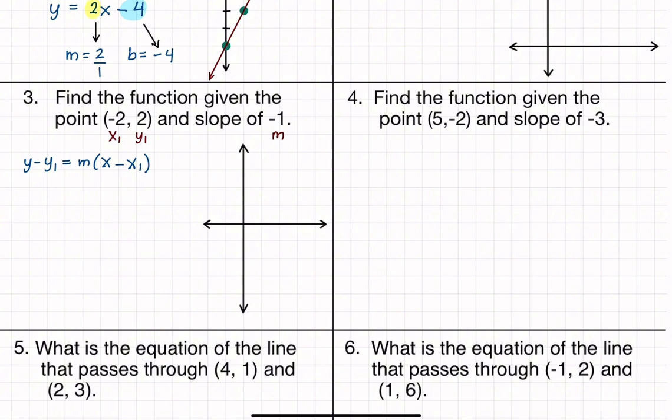So we have y minus our y sub 1 is 2 is equal to our slope is -1 times x minus our x sub 1 is -2. So this will become x minus -2.